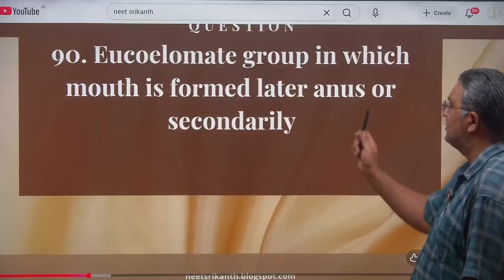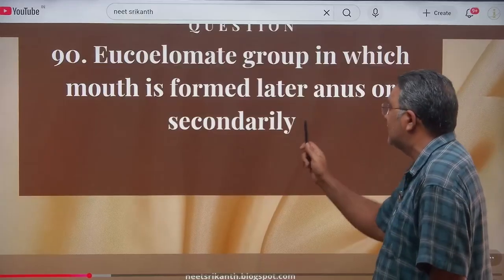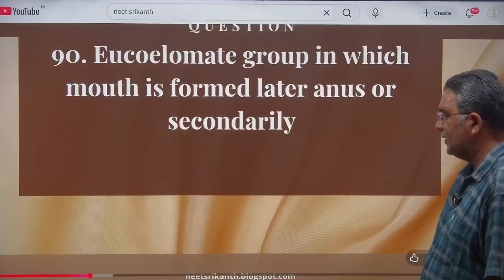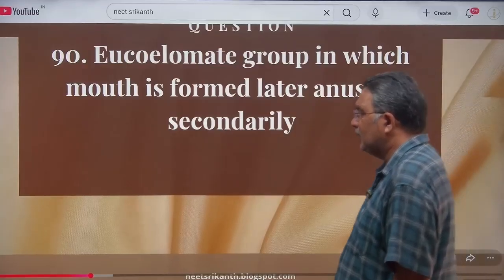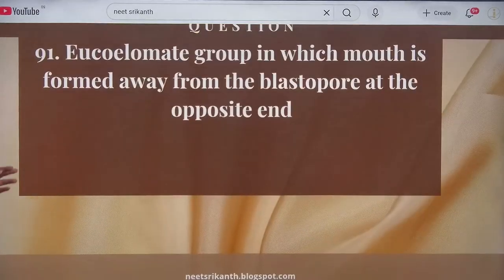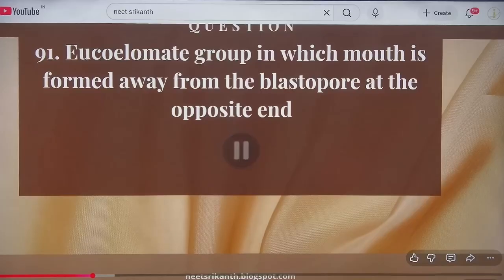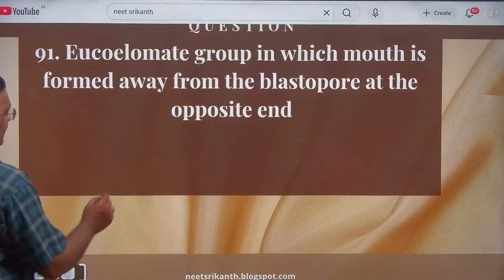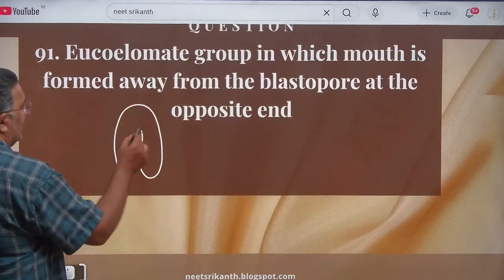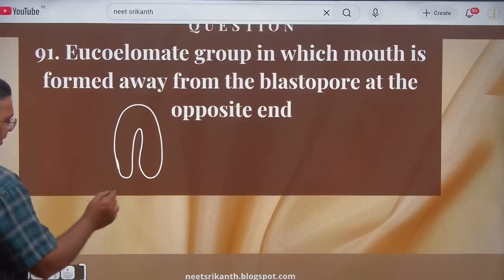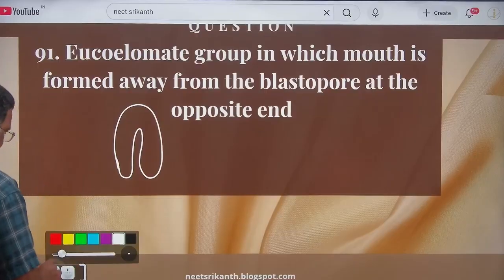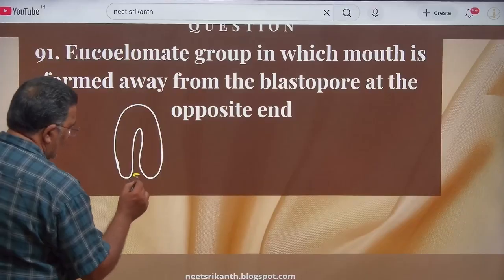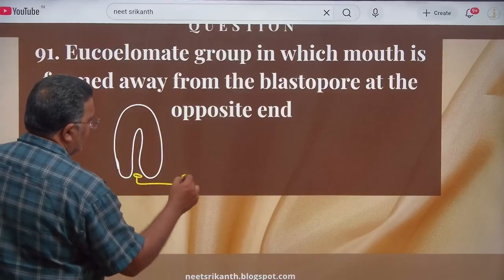Eucoelomate group in which the mouth is formed after the anus, or secondarily. Try to understand the question. Eucoelomate group in which the mouth is formed away from the blastopore. For that, let me explain this story once. We learned in protostomia that this opening is called the blastopore.